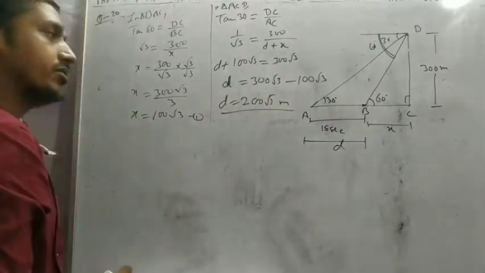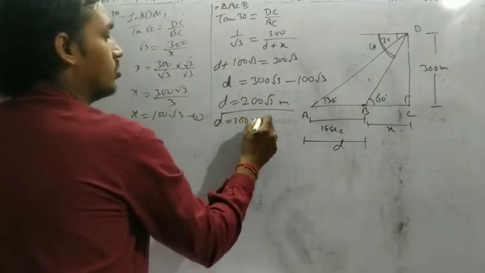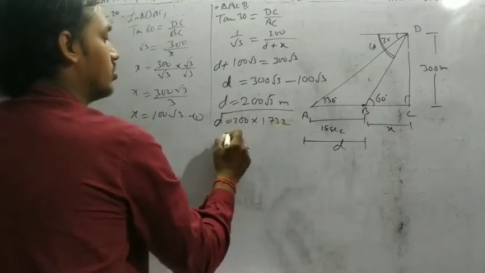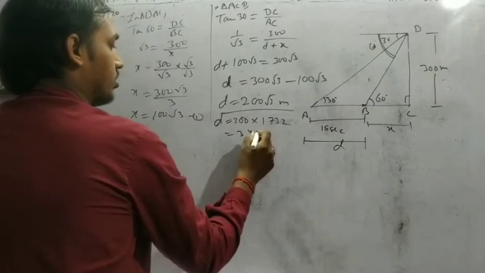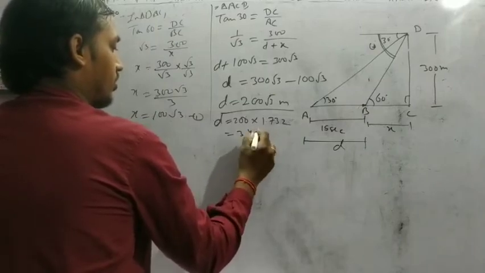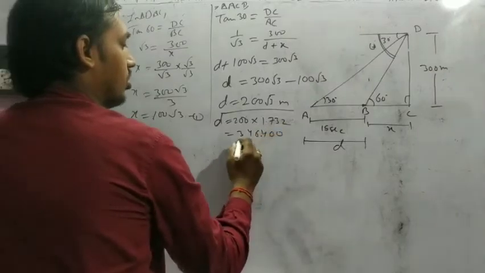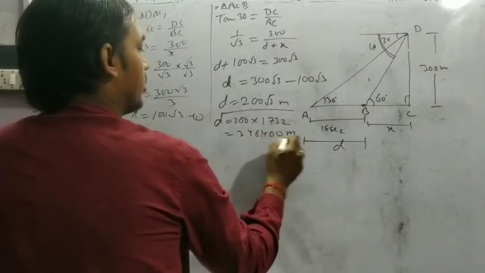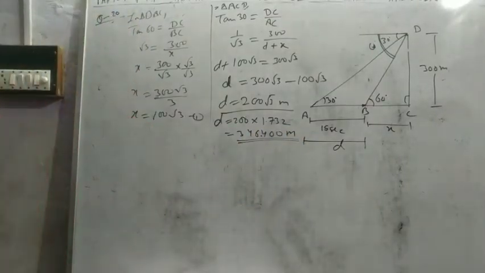This is the distance between them. That is equal to 200 into 1.732, which is 346.4 meter, the distance traveled by the car in 15 seconds.